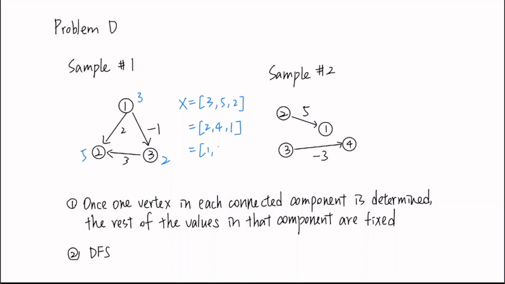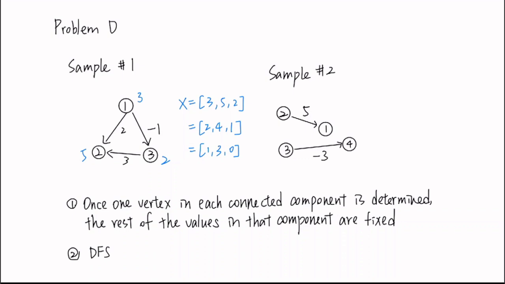So would 1, 3, 0, and so on. So we notice that only the relative order of the vertices is important. Like the difference between each edge is important, not what the values actually are.